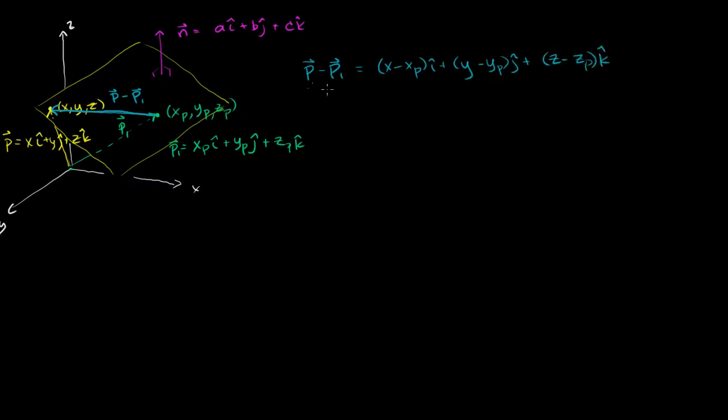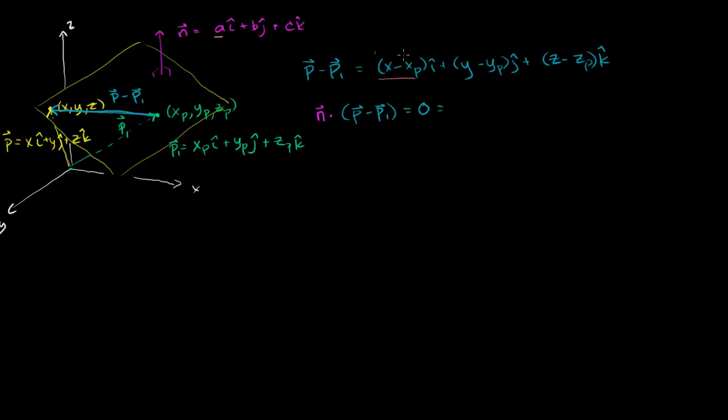And we just said this is in the plane, and the normal vector is normal to the plane. You take their dot product and it's going to be equal to 0. So n dot this vector is going to be equal to 0, but it's also equal to this A times this expression. I'll do it right over here. So I'll find some good colors.